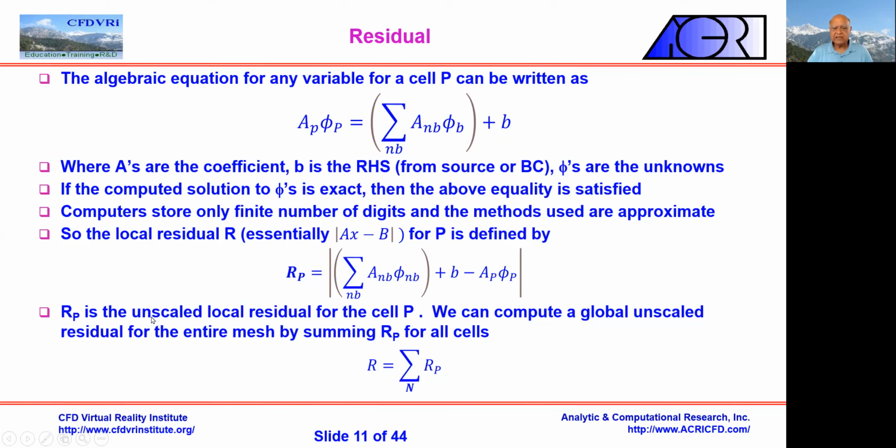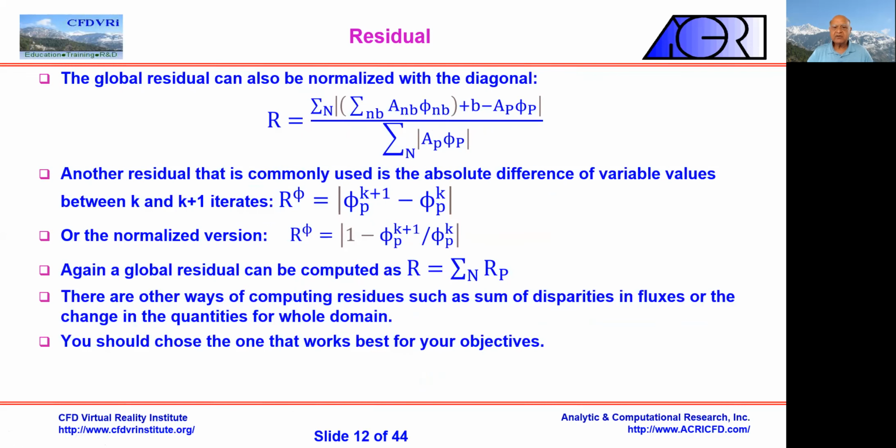The unscaled local residue, we can also compute a global sum of this over all elements. That would be called the global residue. These are both unscaled at this stage. Now, quite often you normalize this residue with the diagonal component in this manner. What you get are numbers which are comparable, independent of what the actual values are.